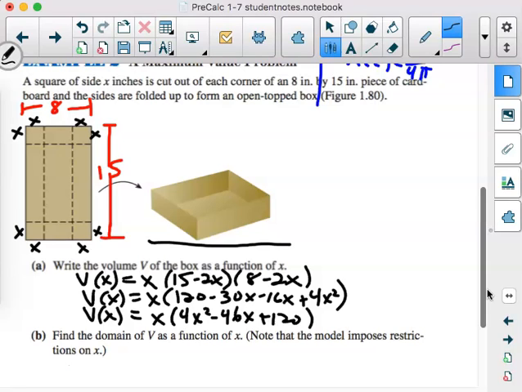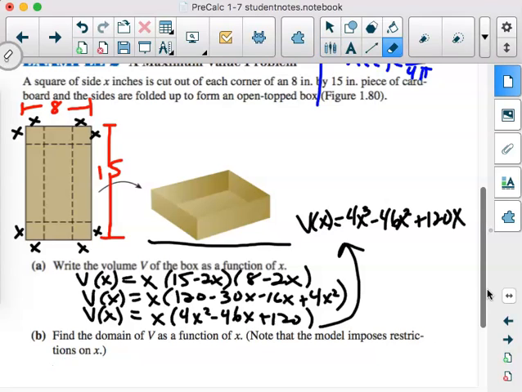So x times the quantity 4x squared minus 46x plus 120, and finally distribute the x, and I ran out of room, so I'm going to go up here. And that will give us 4x cubed minus 46x squared plus 120x.